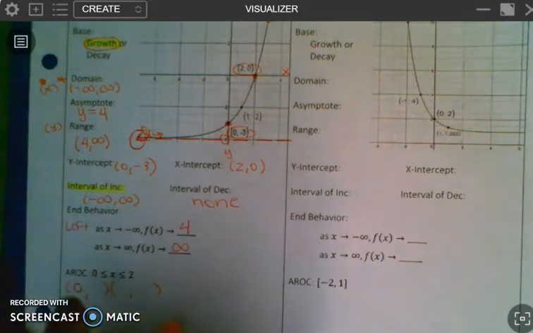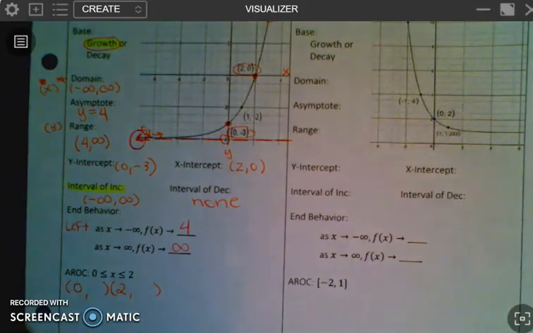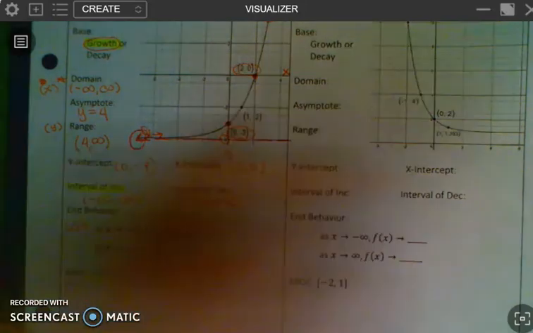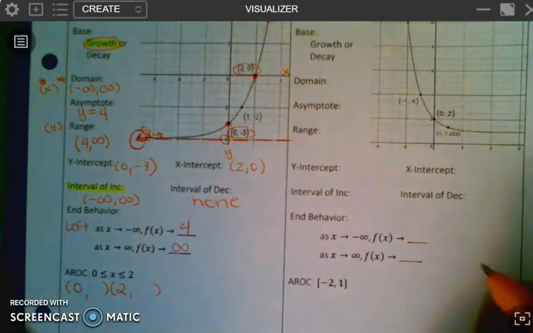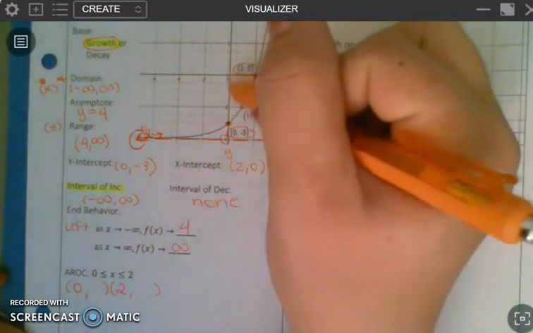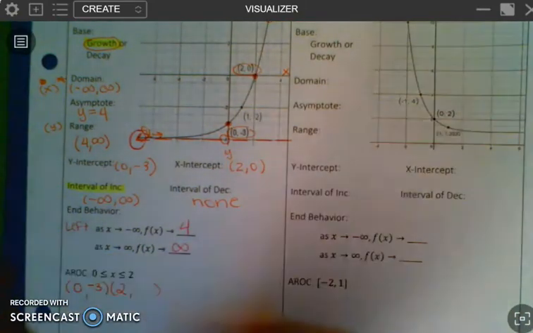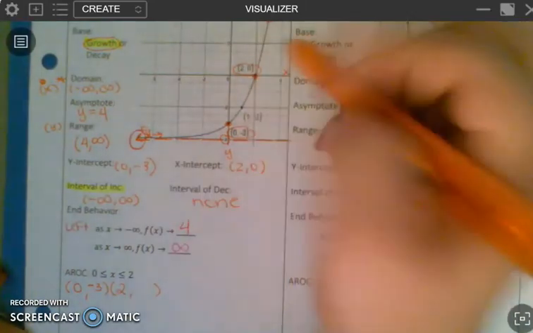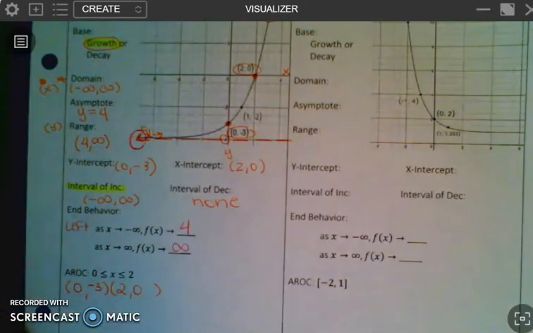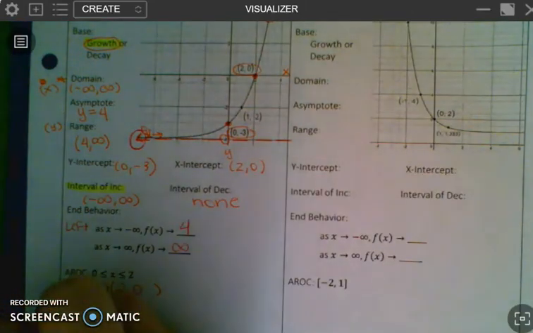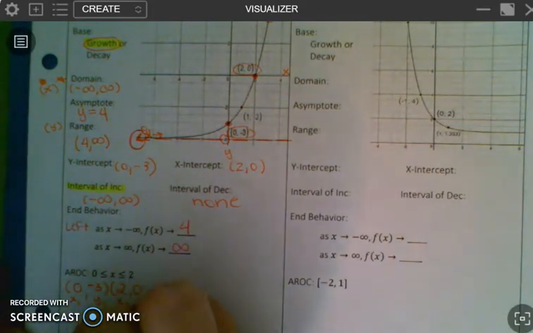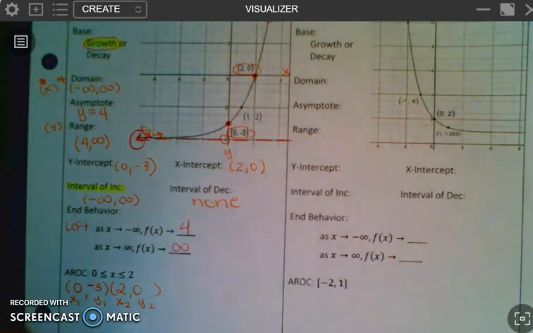So I have 0, some number, and 2, some number. Well, I need to know the y value, so I'm going to look at my graph above. So 0 is at -3. 2 is up here and says (2, 0). So that's x1, y1, x2, y2.